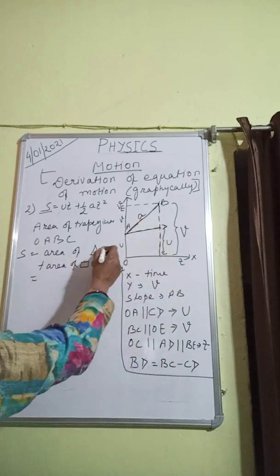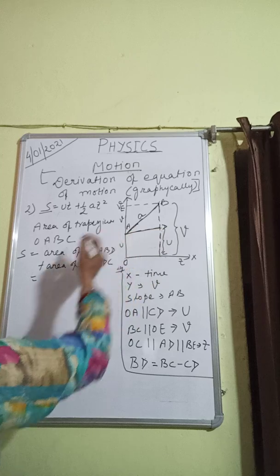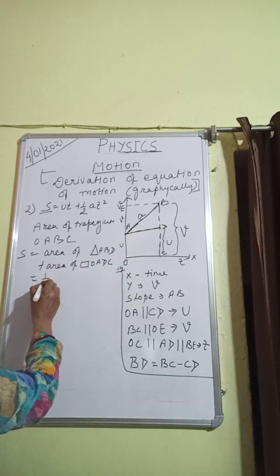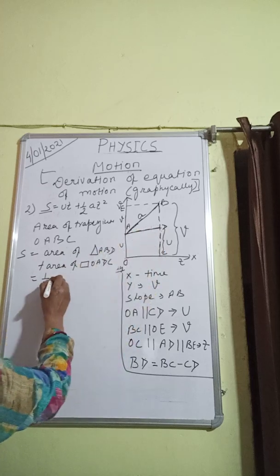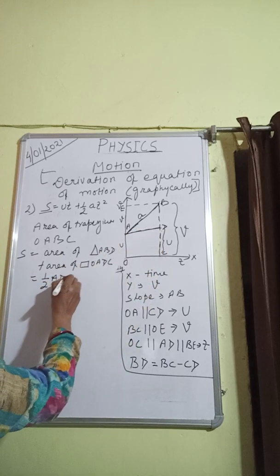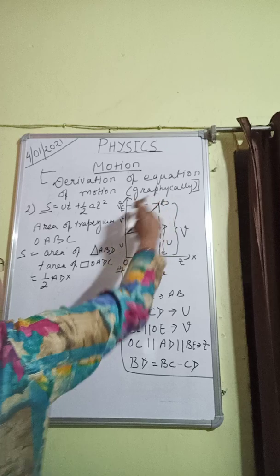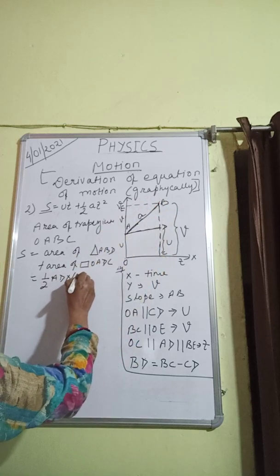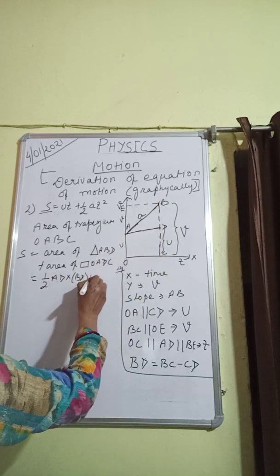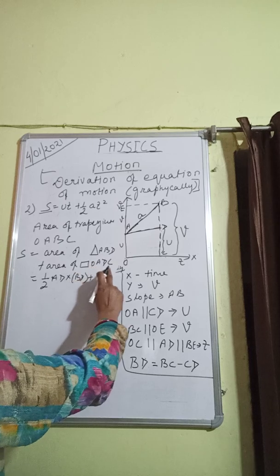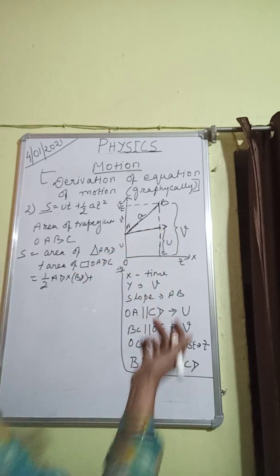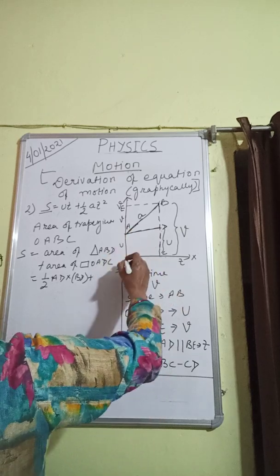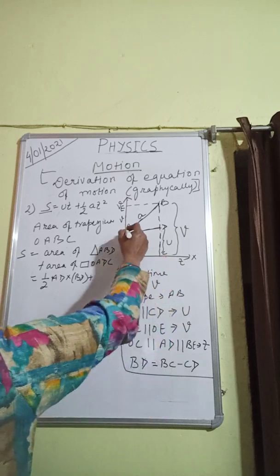So the area of triangle ABD, you know, is half base into altitude. Directly I am writing half AD into altitude BD, plus what is the area of rectangle OADC? Area of rectangle is length into breadth. Length is OC and breadth is OA.